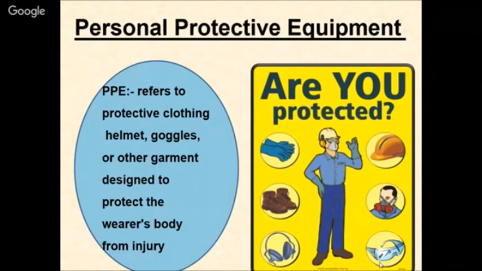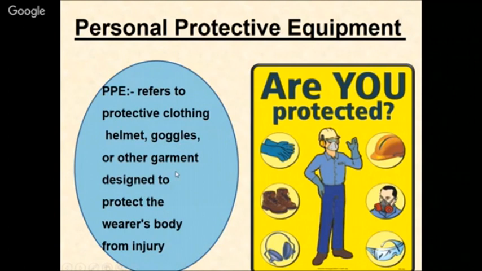Okay. Then the other aspect which they carried out was that they tried to provide some posters in the sections, just to make them aware about the protective equipment where they need to use it. Personal protective equipment refers to protective clothing, helmet, goggles, or other garments designed to protect the wearer's body from injury.